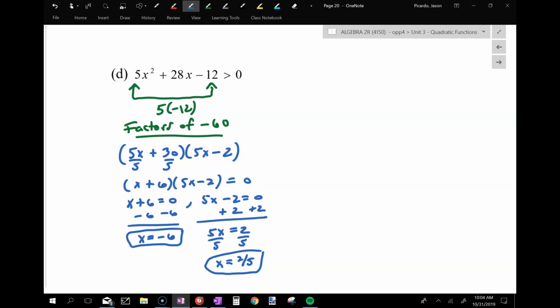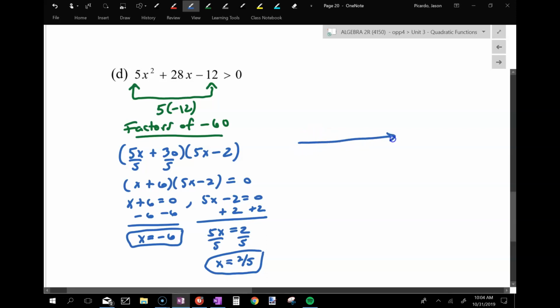Next step, create my sketch. Still happy? Yep.